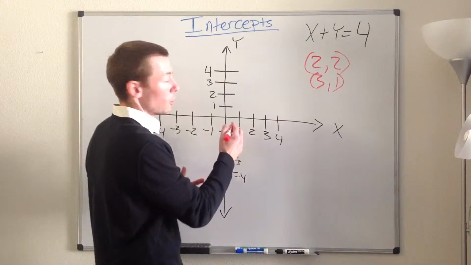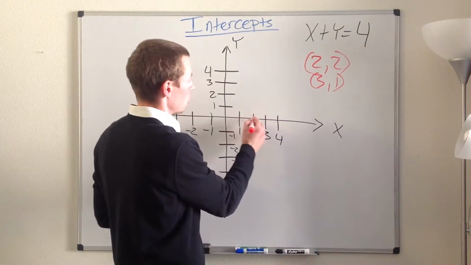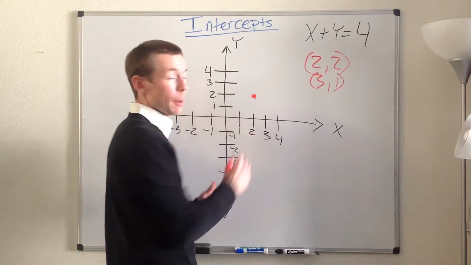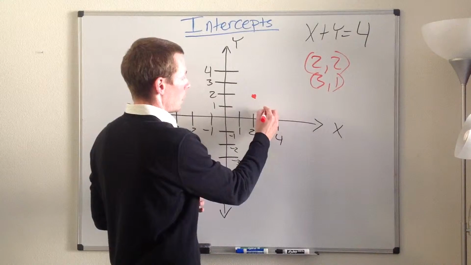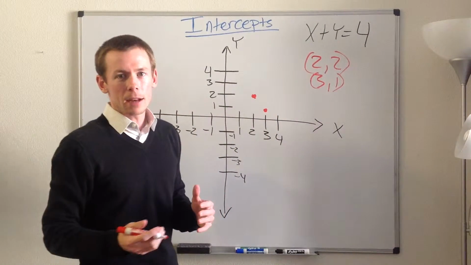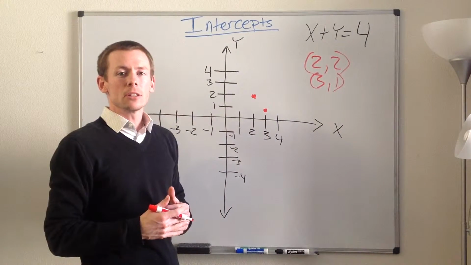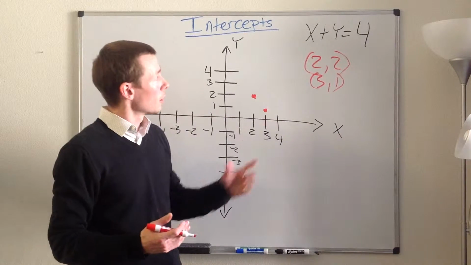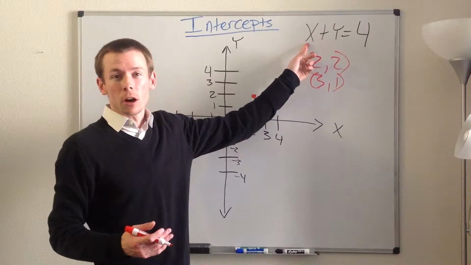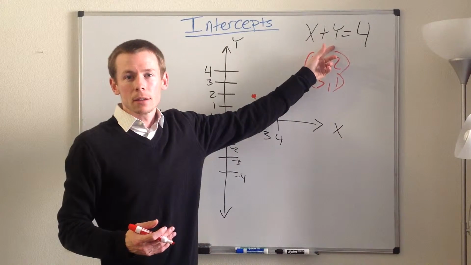Okay, but so if we graph those points, over 2 and up 2, over 3 and up 1, that's not too bad. But in almost all cases, 0 is going to be the easiest thing to work with. So if x is 0, what is y?